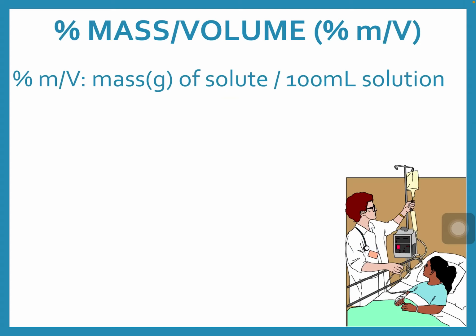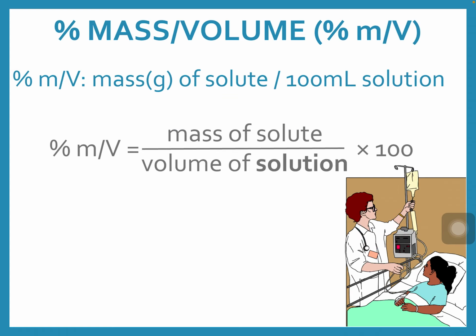Okay, the next one we'll look at is a percent mass to volume. So here we're looking at a mass of solute per 100 mils of solution. To calculate that, I'm going to take my mass of solute in grams and divide by the volume of solution in milliliters, and then multiply that by 100 to get to the per 100 mils.